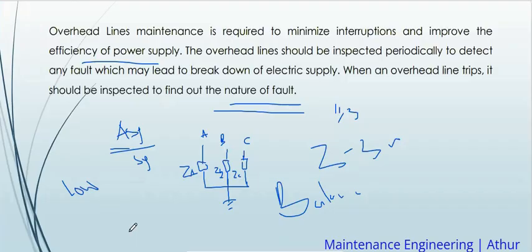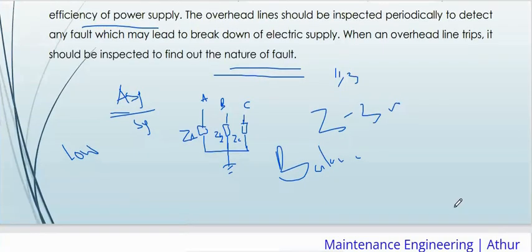There we talk about two phases connecting together, and the other phase remains not connected, and the neutral remains not connected. The two phases connect together, as I've said, and they connect to the ground. That is an asymmetric fault. I was going to finish this without talking about faults.